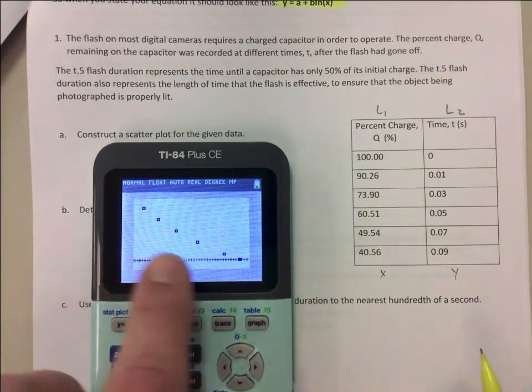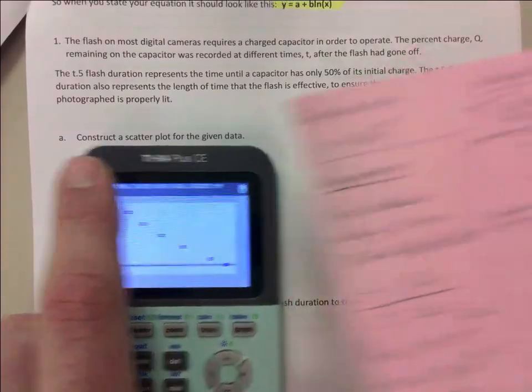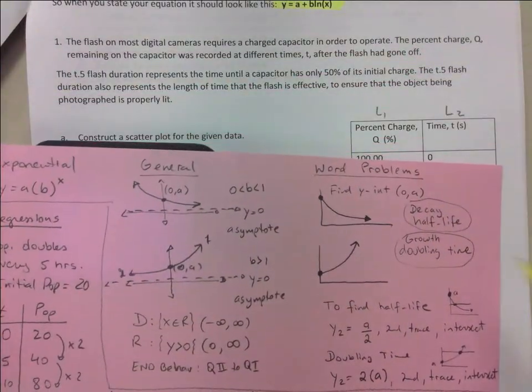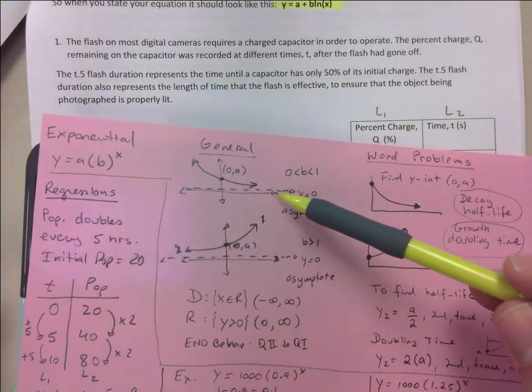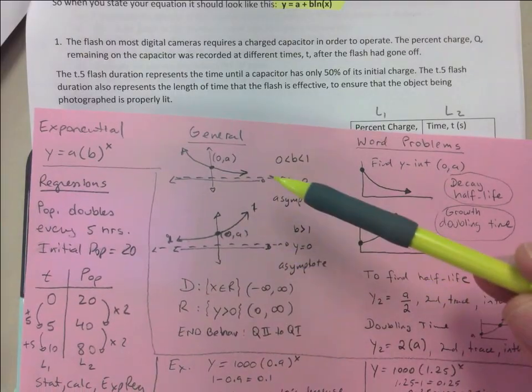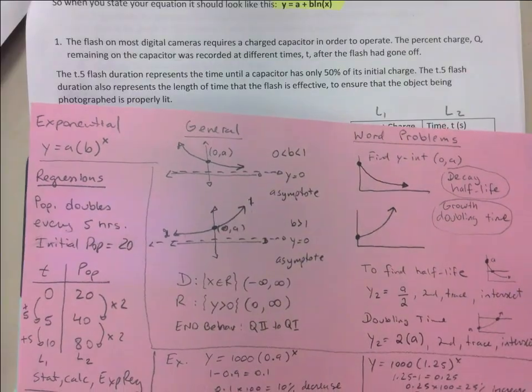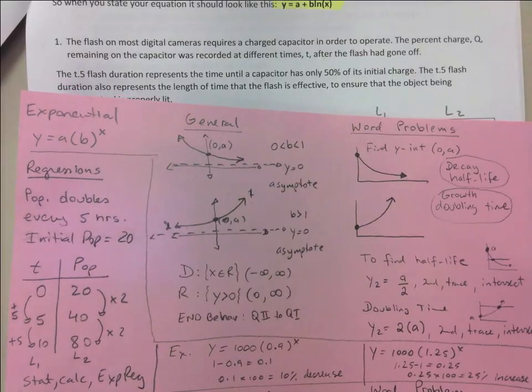Is it possible that this is an exponential? Let me see my study sheet. Exponential. There's a horizontal asymptote. What does that mean, horizontal asymptote? I don't even have that on here. It means that it never touches it, right?